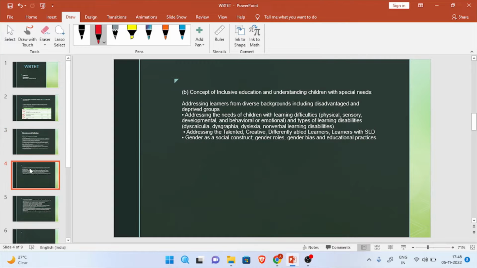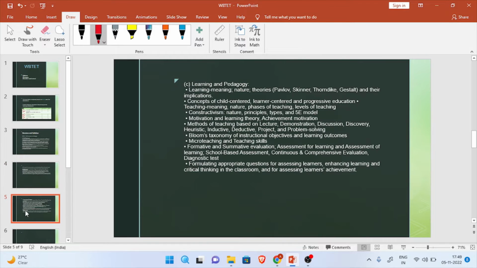Then under concept of inclusive education and understanding children with special needs, there are addressing learners from diverse backgrounds, including disadvantaged, addressing the talented, creative, differently abled learners with SLD, and addressing the needs of children with learning difficulties, a type of learning disabilities like dyslexia and other stuff.